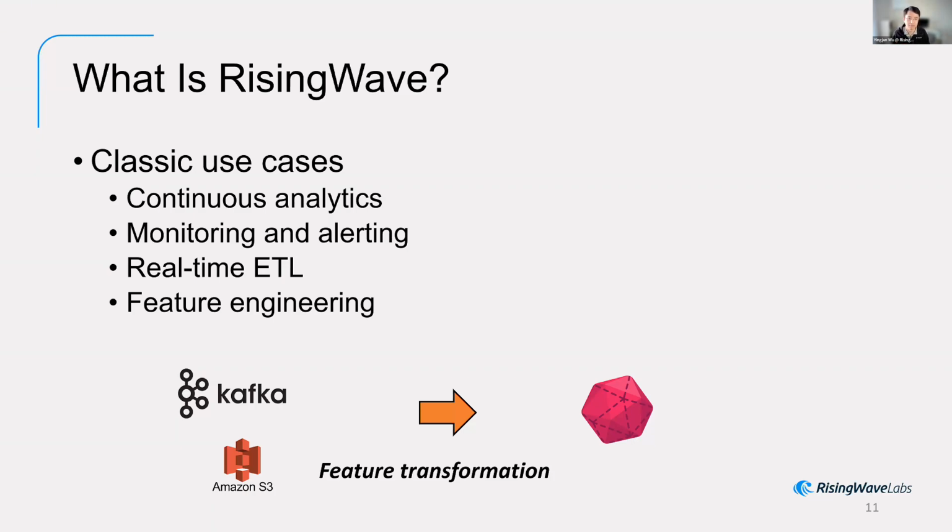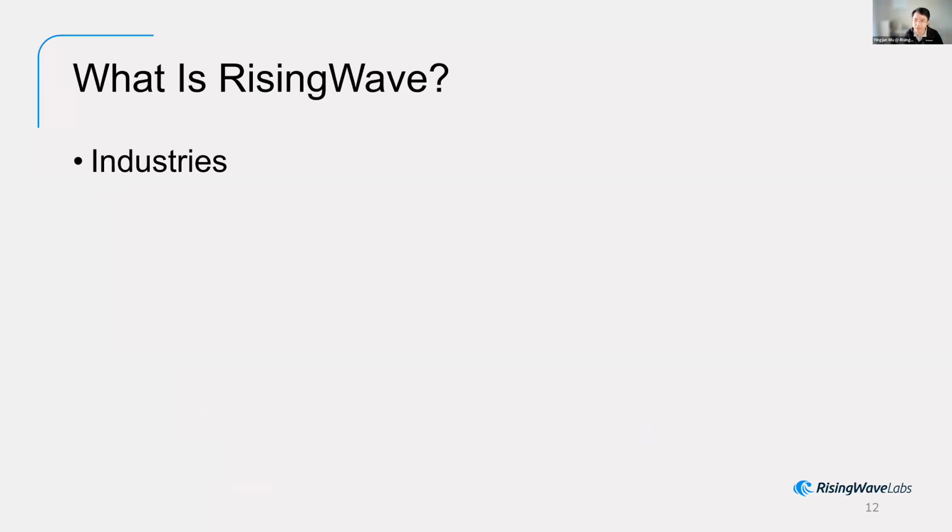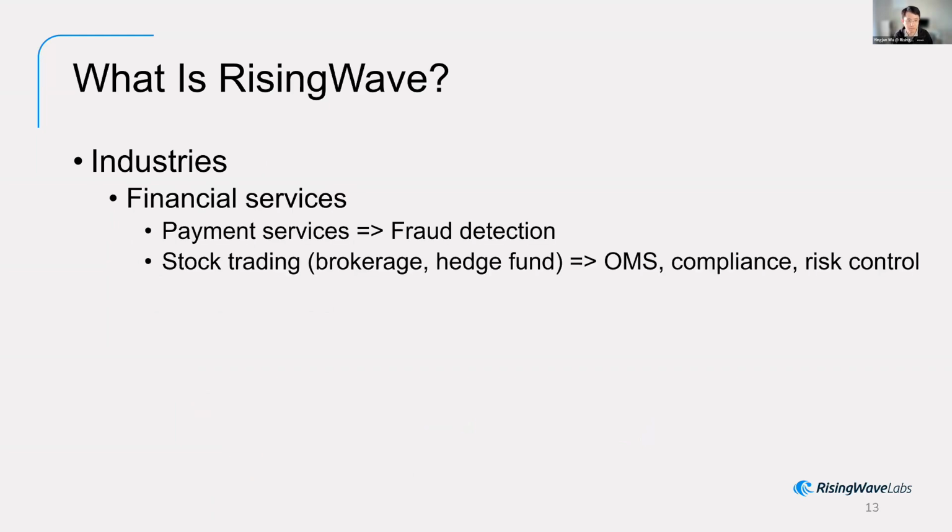Then what about the industries, right? Who needs continuous analytics, who needs monitoring and alerting, and who needs, well, everyone needs real-time ETL. So what we find is that our top industries include financial services, like payment services. If you want to do payment, then you really want to detect fraud, right?